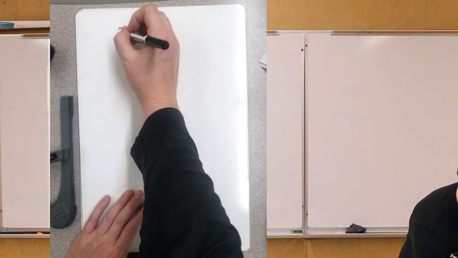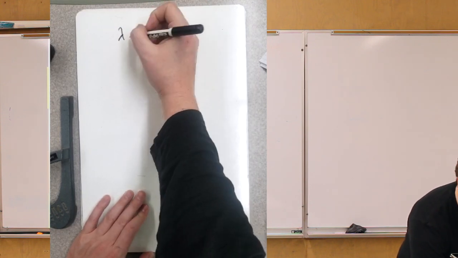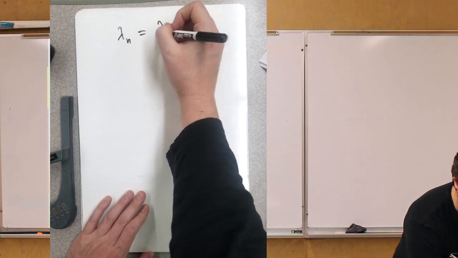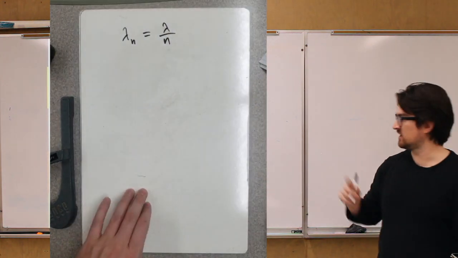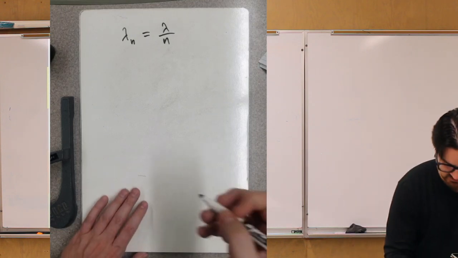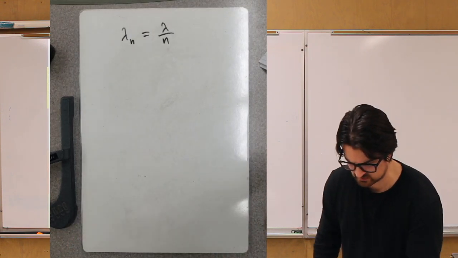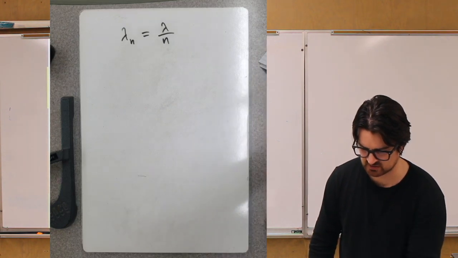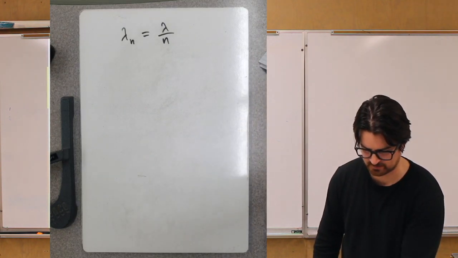So recall that in that medium, the wavelength of light is actually its wavelength in the vacuum divided by the index of refraction of that gas. I do this slightly differently than the book goes about it, but we'll get there.